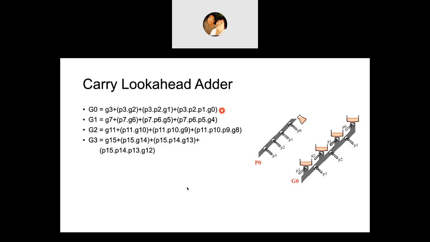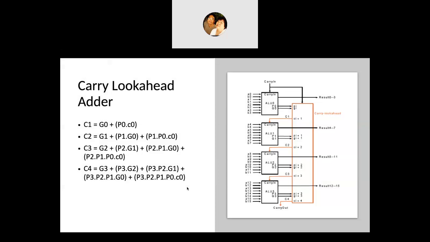The same pattern, almost, right? So when we get P0 to P3 and G0 to G3, finally we can get the second level of the carry lookahead adder, and we can get capital C1, capital C2, capital C3, and finally capital C4. You notice that the patterns of C1, C2, and C3 are the same as what we have done before.